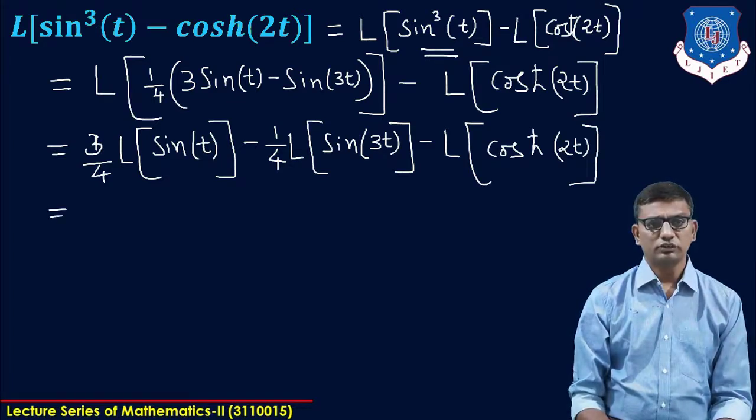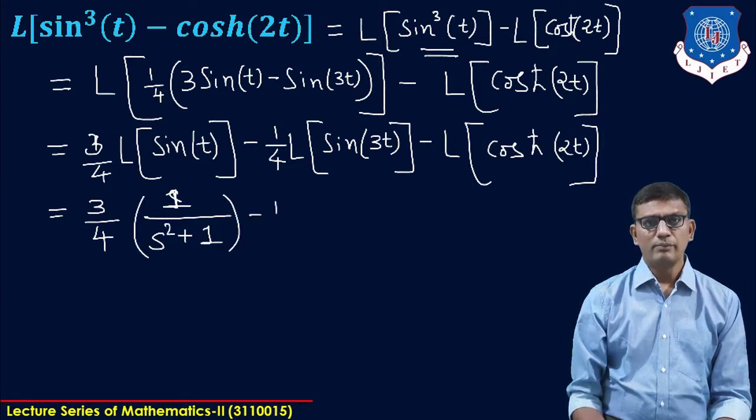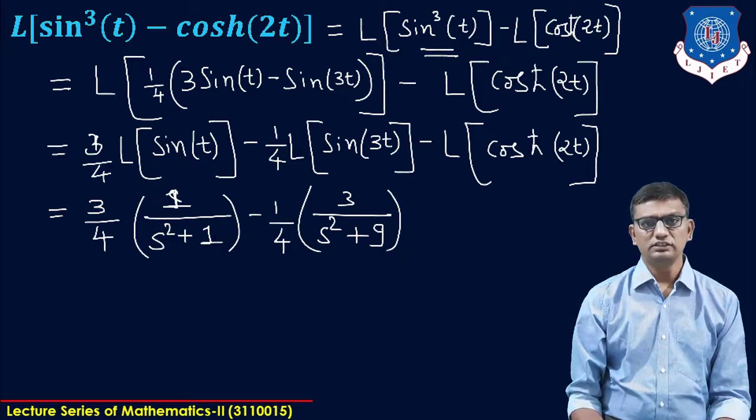We know the Laplace of sin at is a upon s square plus a square. Here our a is 1, so the Laplace of sin t is 1 upon s square plus 1, and minus 1 by 4. Here our a is 3, so 3 upon s square plus 9 is the Laplace of sin 3t, minus the Laplace of cos hyperbolic 2t, which is s upon s square minus 4.